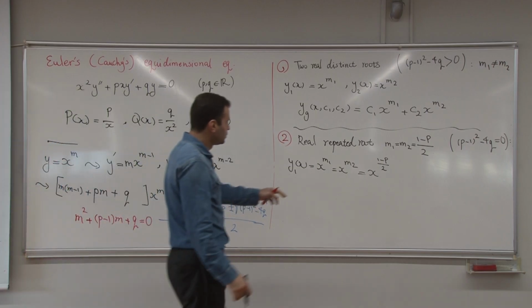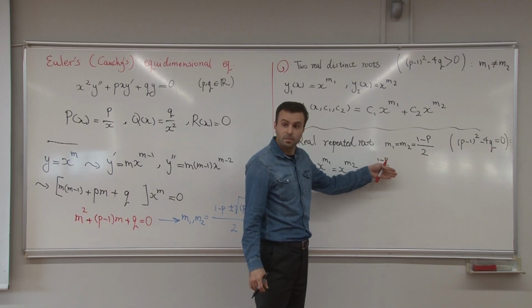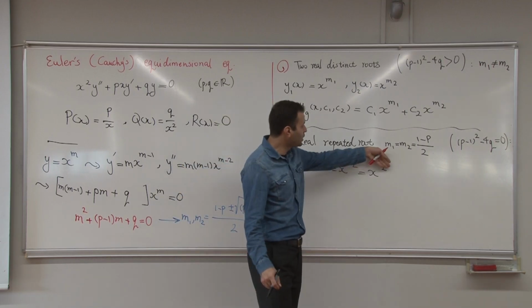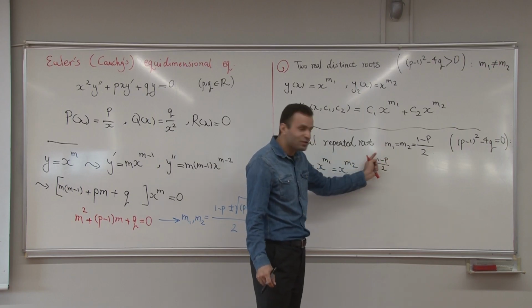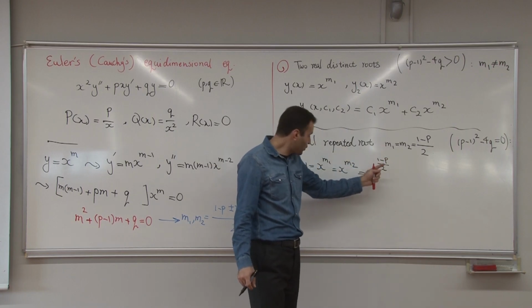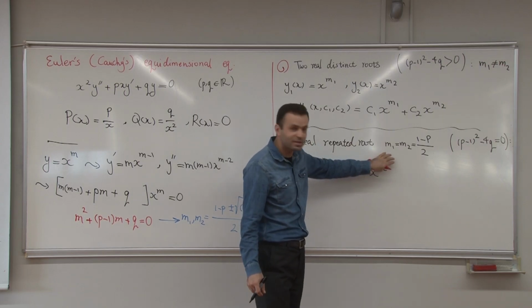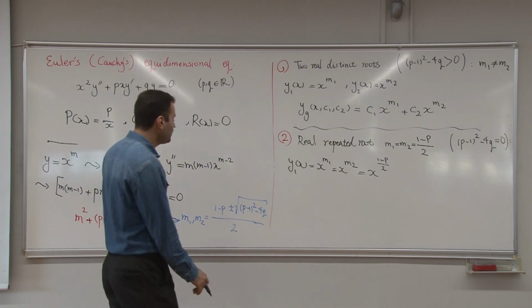Then you are going to make the function something different. You should avoid changing this, because if you are allowed to change this too, then you can also change this, right? And the whole point of finding this m1 and m2 is to be able to find exactly what this is. If it can be anything, then okay.